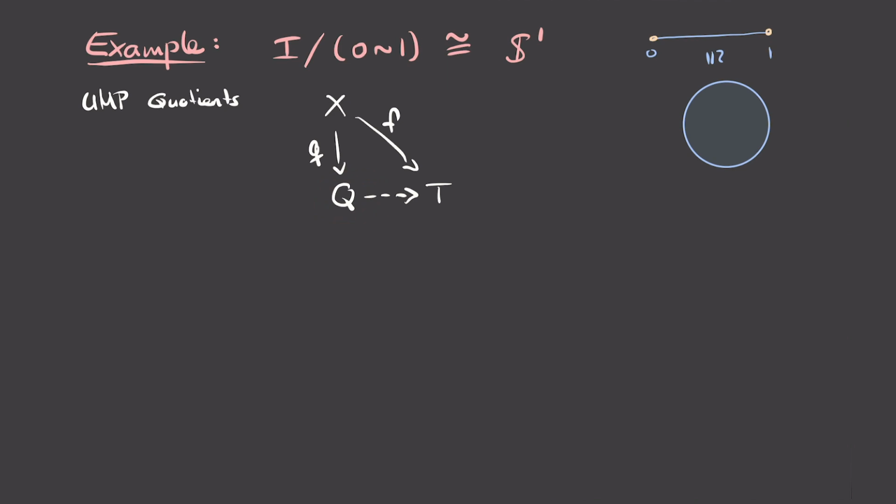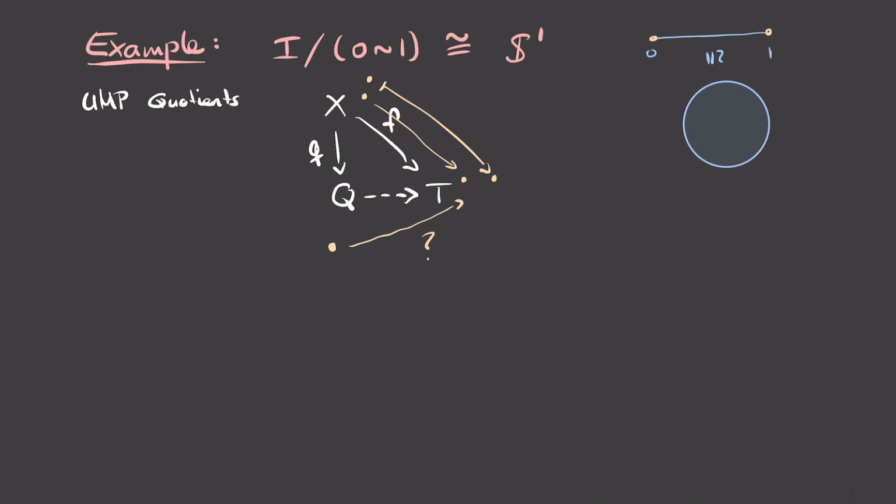So the problem is that if we have two distinct points in X, which map to two distinct points in T, and moreover, these two distinct points in X become identified in Q, so we just have a single point, then we don't know where to map this single point to.